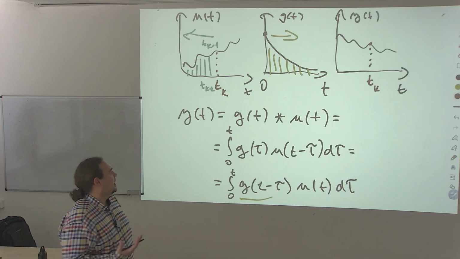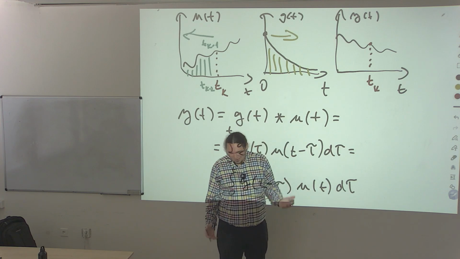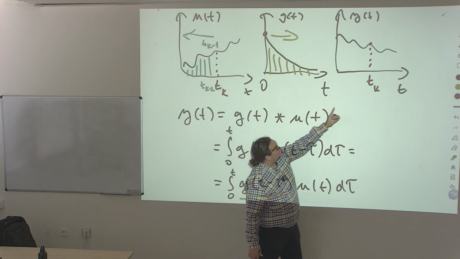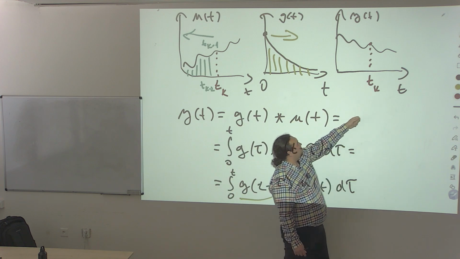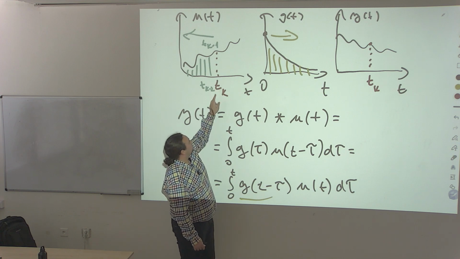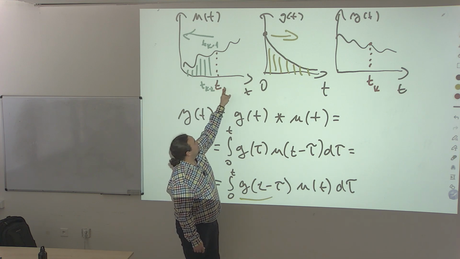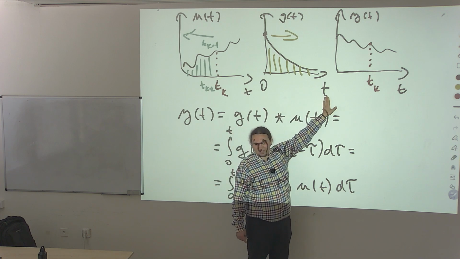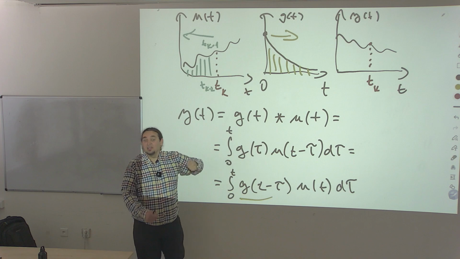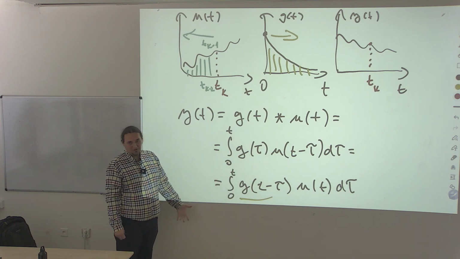I mean, the graph is correct. This is the reaction. So if at this point in time we have this input, the influence of this particular input at this particular point in time to the future would be like this. But at the next point in time, there will be a new input, which will have its own influence. That's why we are doing the integral.